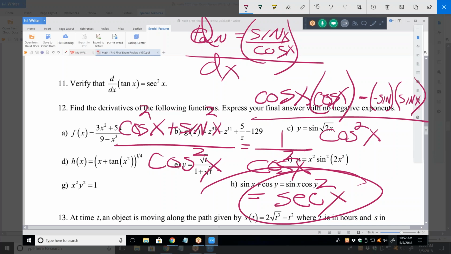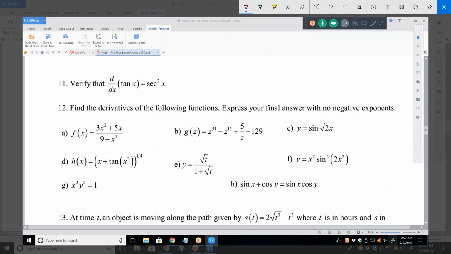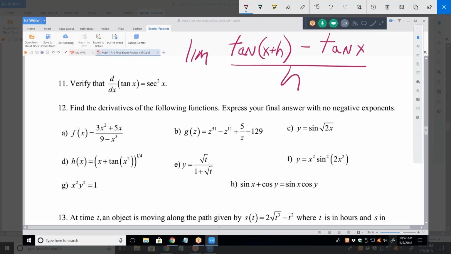Now, that's one way to do it. Just in the interest, she may want you to be doing it this way. She wants you to take the limit of f of x plus h, which is the tan of x plus h, subtract off f of x, which is the tan of x, divide the whole thing by h, find out that limit as h goes to 0.